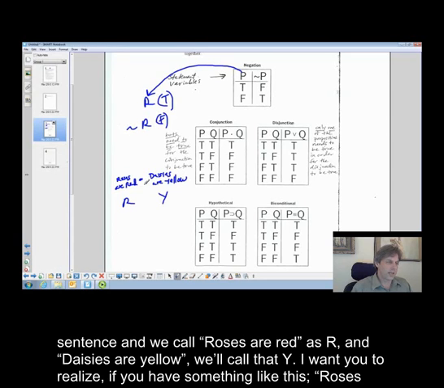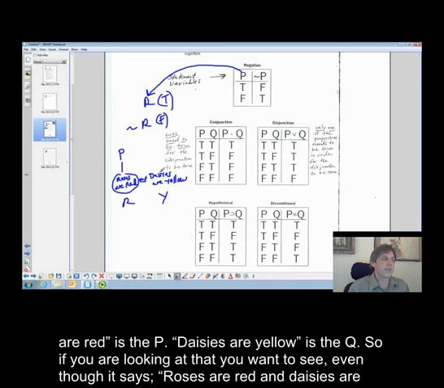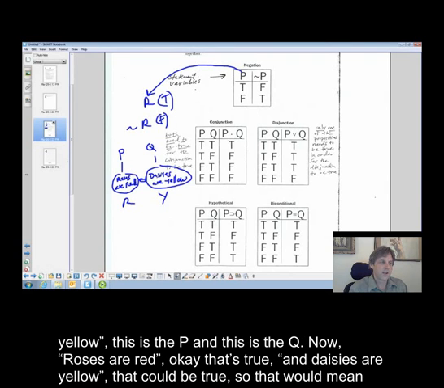I want you to realize if you had something like this, roses are red and daisies are yellow, roses are red is the P, right? You remember P is a variable. It could stand for any kind of proposition. So here, roses are red is the P. Daisies are yellow is the Q. Okay, so if you're looking at that, even though it says roses are red and daisies are yellow, this is the P and this is the Q.